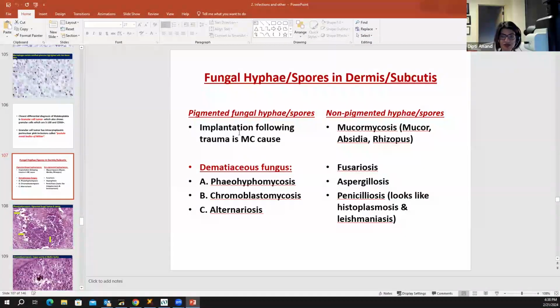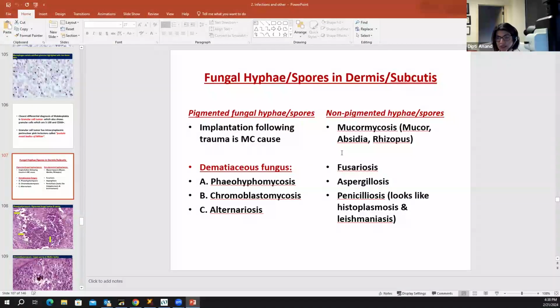If it's pigmented fungus, it comes in the category of dematiaceous fungus, which brings you to the top three most common fungi, which are pheohyphomycosis, chromoblastomycosis, and alternariosis. Alternariosis and pheohyphomycosis look similar, except that alternariosis exclusively occurs in immunocompromised individuals. So you'll have a history of a sick patient in the hospital, immunocompromised, having received a recent stem cell transplantation, something like that, neutropenic patients.